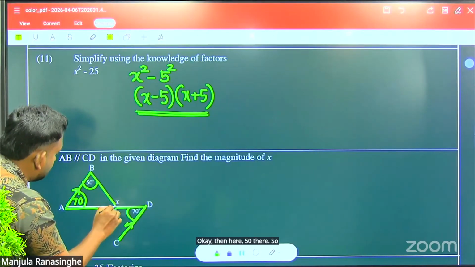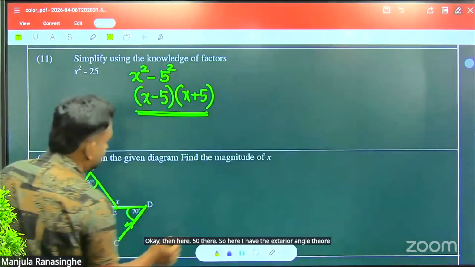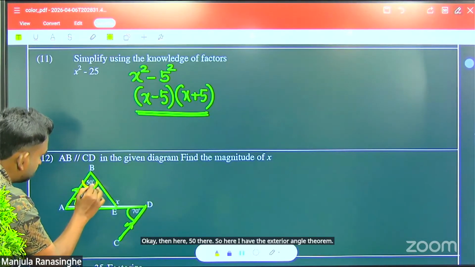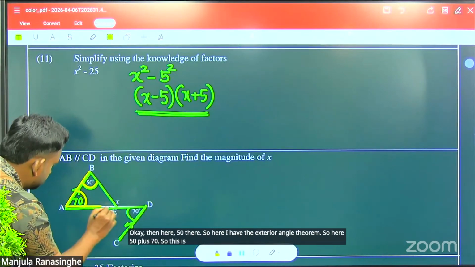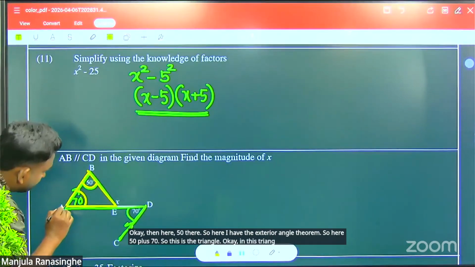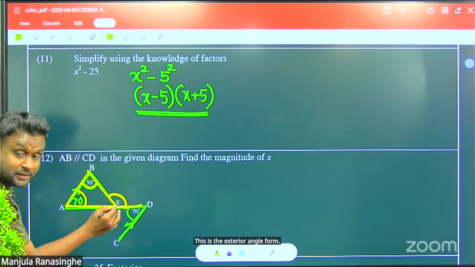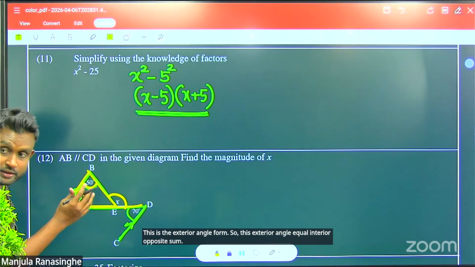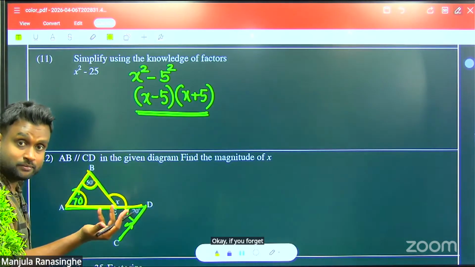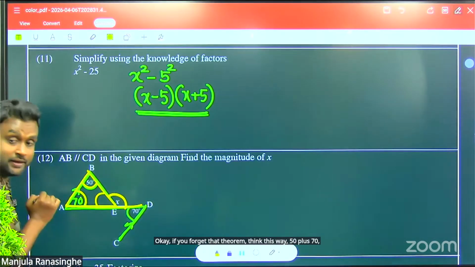So here I have the exterior angle theorem. Here 50 plus 70. So this is the triangle. In this triangle, this is the exterior angle formed. So this exterior angle equals the sum of the interior opposite angles. If you forget that theorem, think this way: 50 plus 70, you can find this angle.